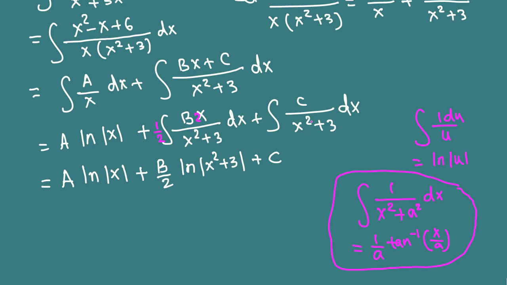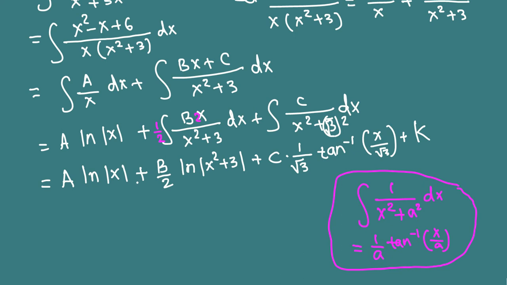So with root 3 squared, this matches, so 1 over a, 1 over root 3, inverse tangent of x over root 3, plus the constant of integration, let's call that k.